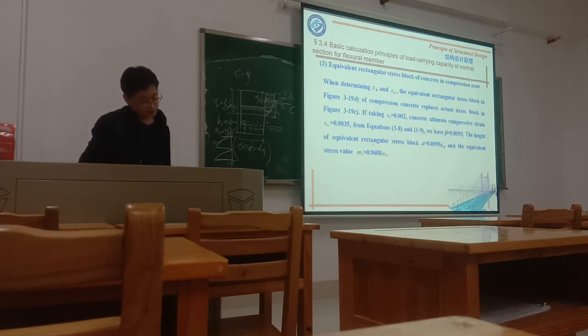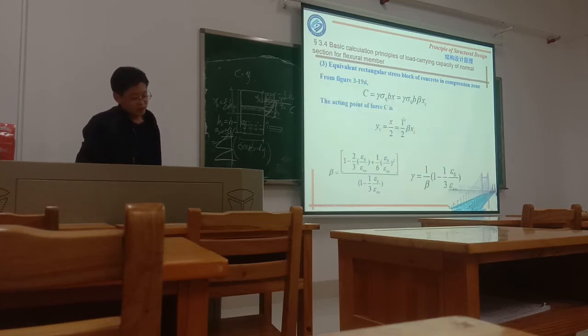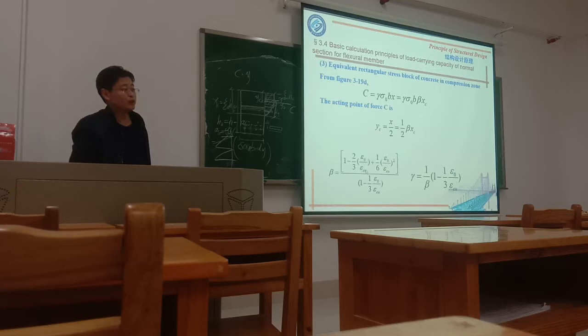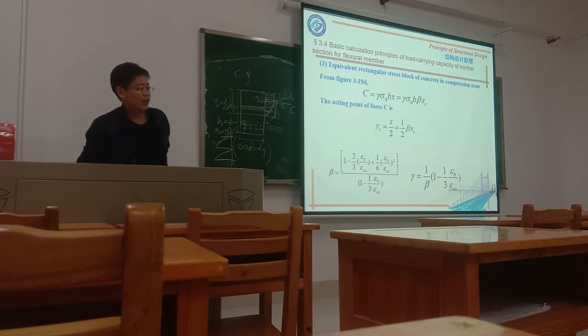The height of the equivalent stress block x equal to this, and the equivalent stress value we got this. You see, the key point is epsilon 0 and epsilon cu. Once we determine these two values, for the equivalent block, you just know the x and the value.